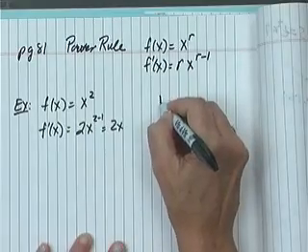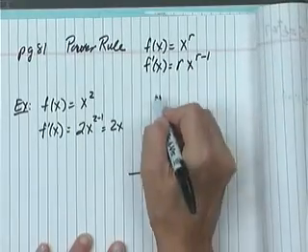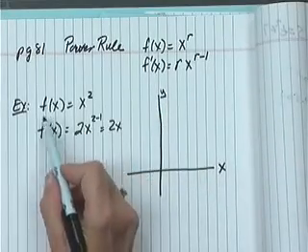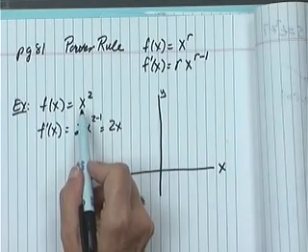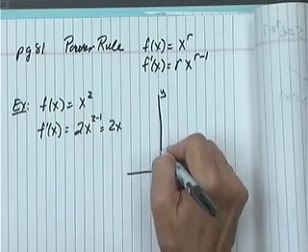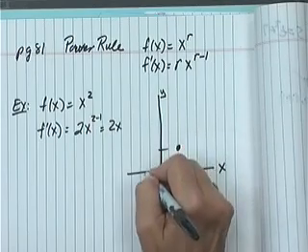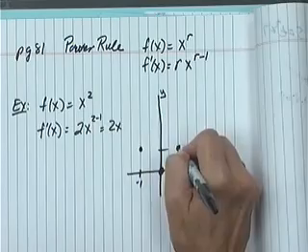Now let's get a visual on what we just found. What is the graph of f of x equals x squared, buddy? That seems too easy. What is it? Parabola. It's going to go through 0, 0, 1, 1, negative 1, 1. It's going to look like this.